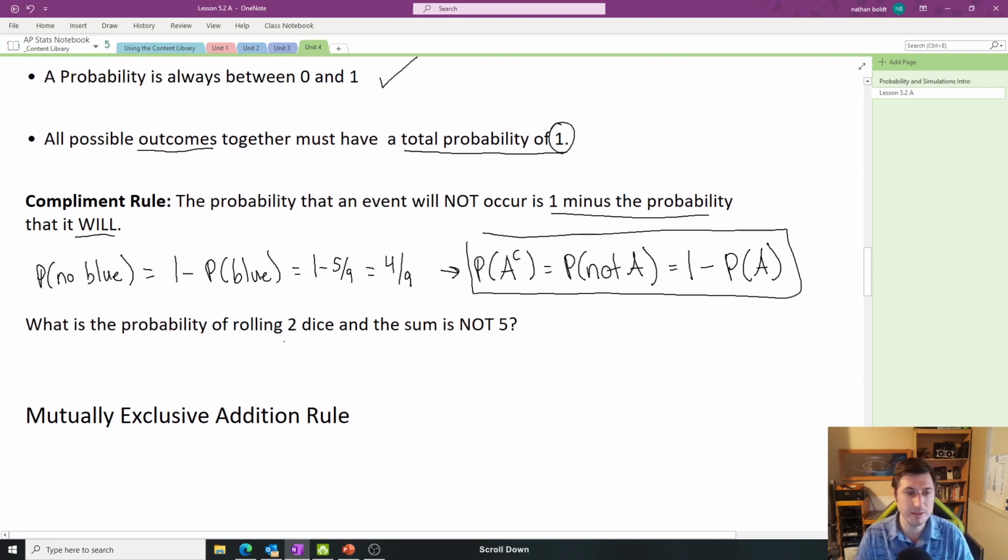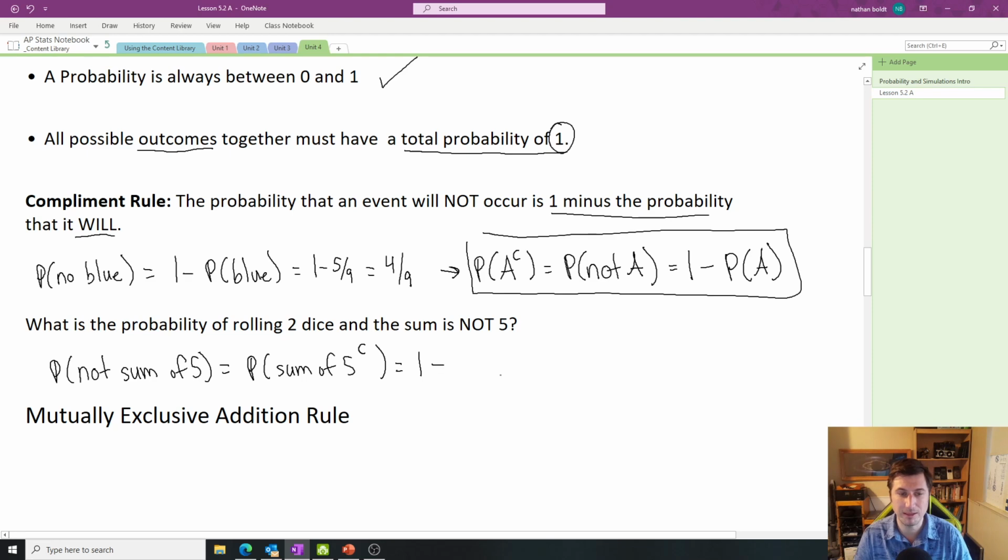So what is the probability of rolling 2 dice and the sum is not 5? All right, so we could write that as the probability of not a sum of 5. That would be the probability of the sum of 5 complement, which is equal to 1 minus the probability of a sum of 5.